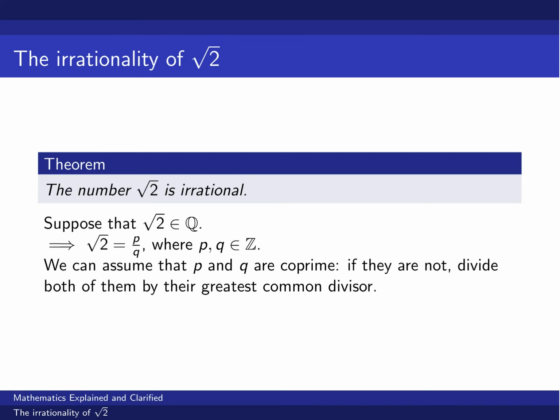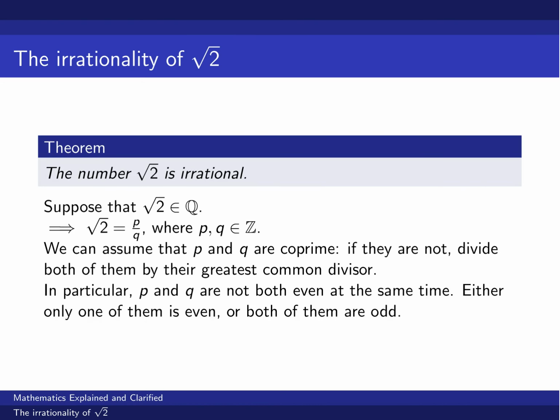And notice that when we divide both the numerator and denominator of a fraction, the value of the fraction remains the same. So when we divide by the greatest common divisor, the value remains the same and the numerator and denominator become coprime.